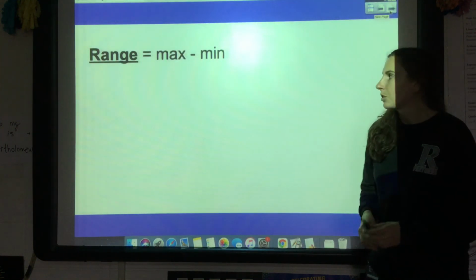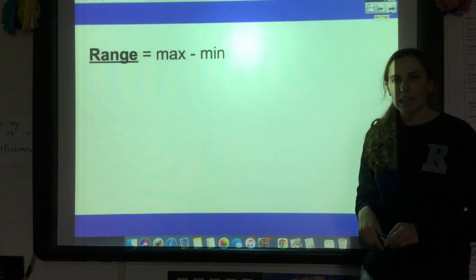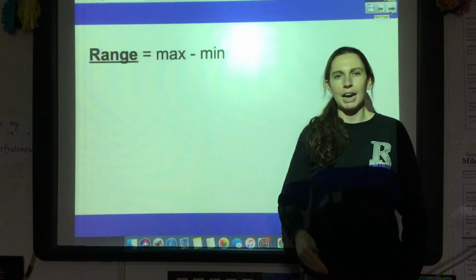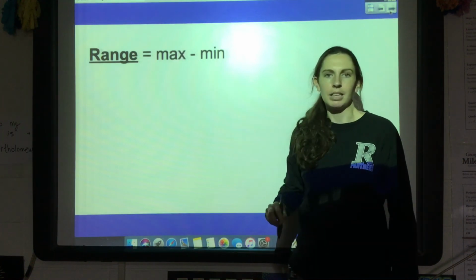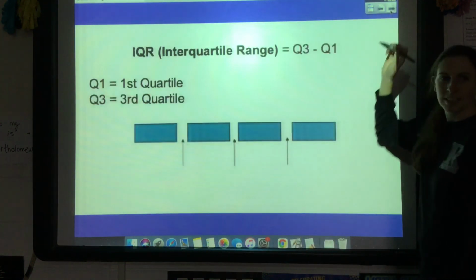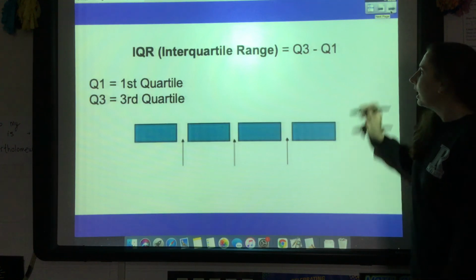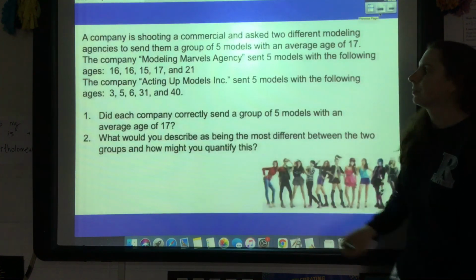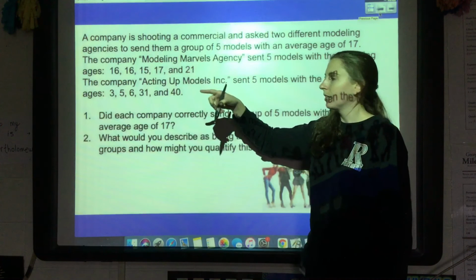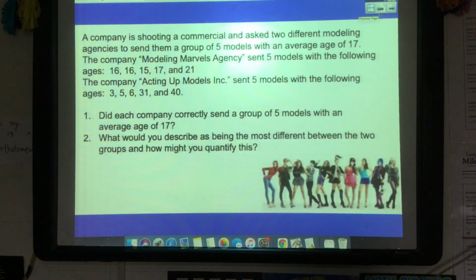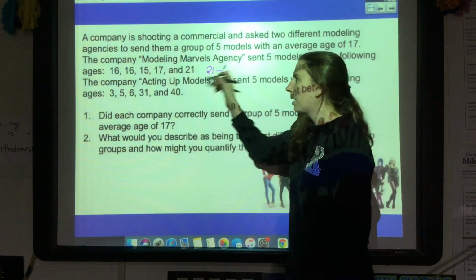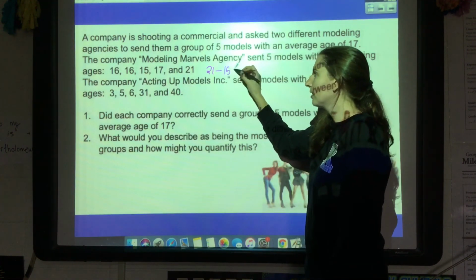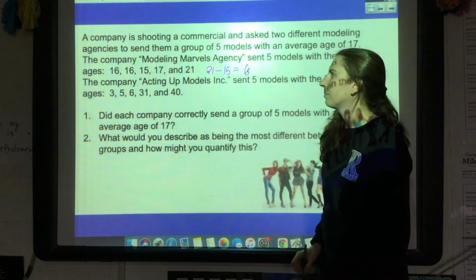So let's start with range. Range is like, what is the range of the data? What does it range from and to? So basically you just take the maximum number minus the min. That's it. So for example, on this one, the range was just 21 minus 15, which was the smallest, which is a range of 6.